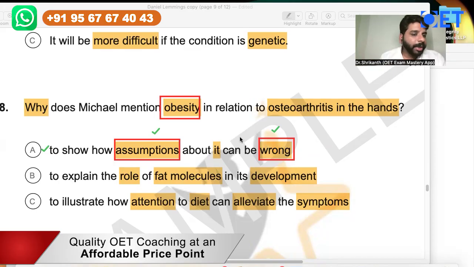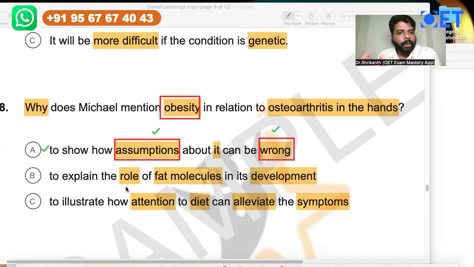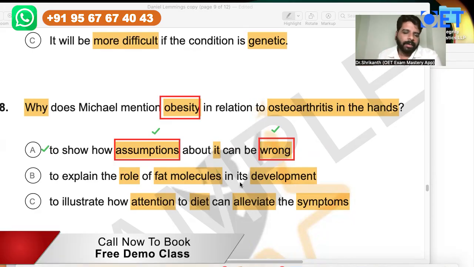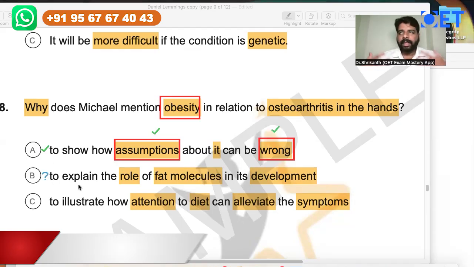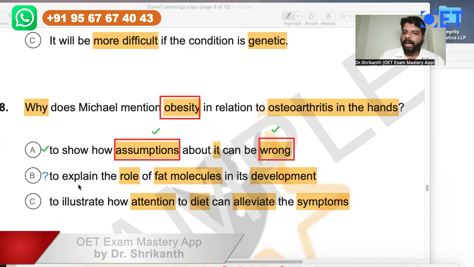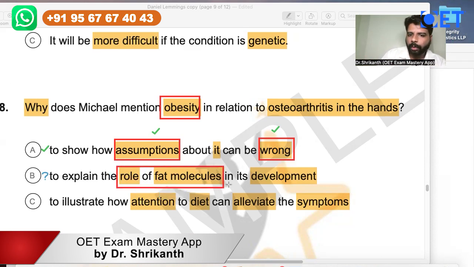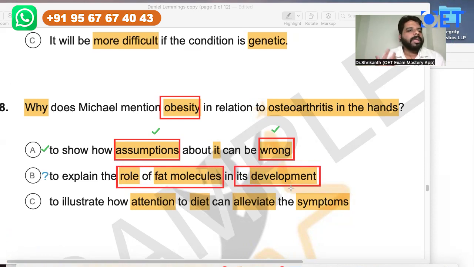Now let's come to option B, to explain the role of fat molecules in its development. This is partially correct. He's saying there are certain fat molecules, and they lead to osteoarthritis. That is correct, but that is not the reason.